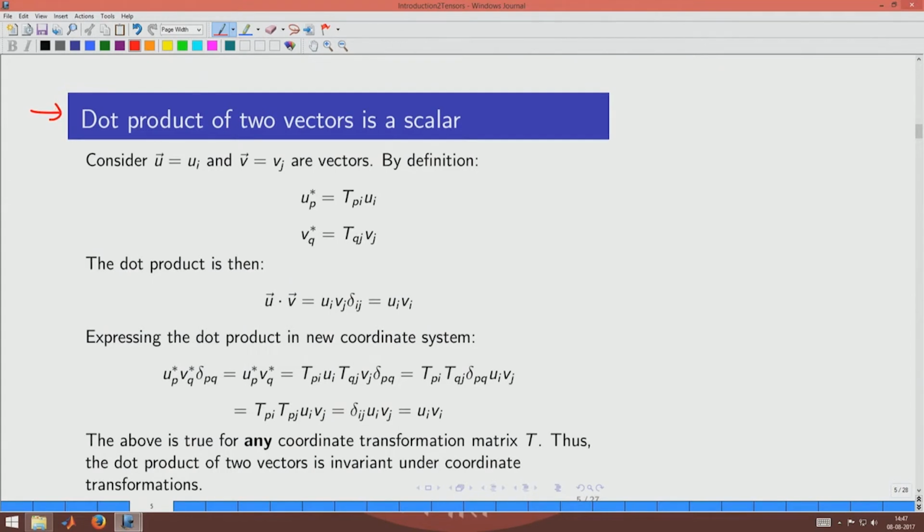What we mean by that is when we take 2 vectors and look at the dot product, in any other coordinate system the components of these 2 vectors could change, but the dot product will not change; numerically it will be the same value. So, we want to prove that. How do we prove it? The same steps will be followed for all the derivations. If you pay attention to the sequence of steps, it will help you derive many of the remaining derivations by yourself.